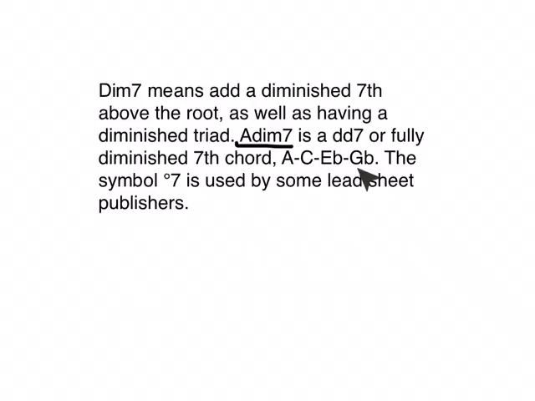A to G flat is the diminished seventh. Or in other words, we start on the root A, we go up in minor thirds: A to C, C to E flat, to G flat. And the symbol of the small degree sign and the seventh is used by some lead sheet publishers.